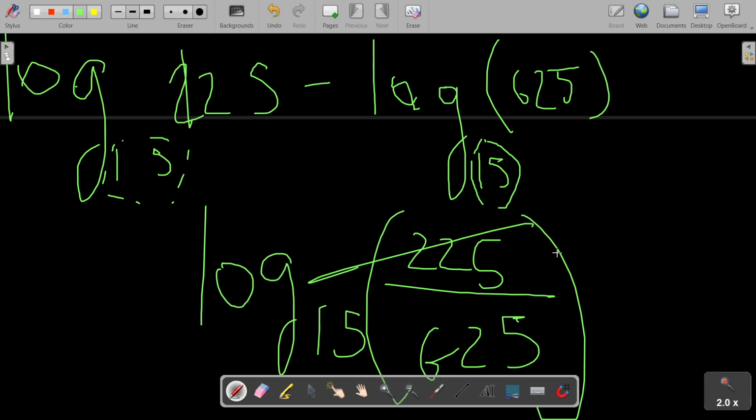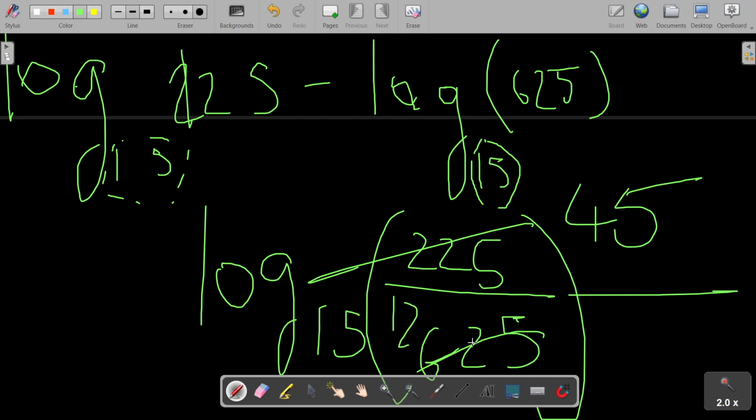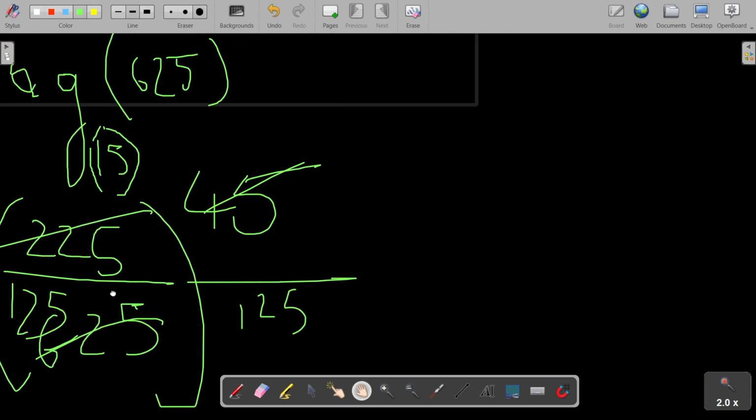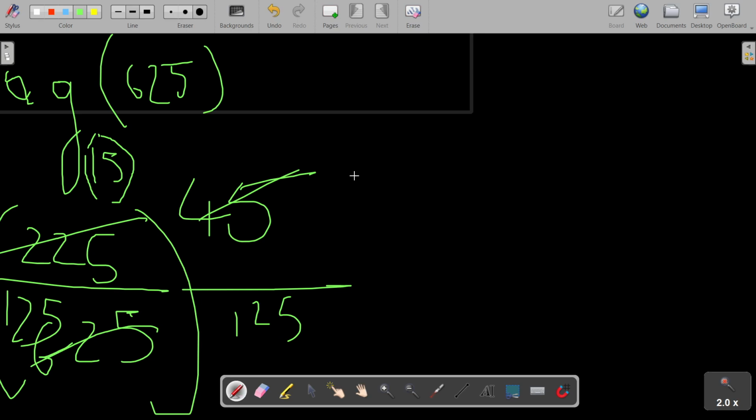Okay, I'm cancelling with this 5. 5 fours 20, 5 fives 25. And here 5 ones 5, 5 twos 10, 5 fives 125. Let's cancel one more time with the 5. 5 nines 45 and 5 fives 25.